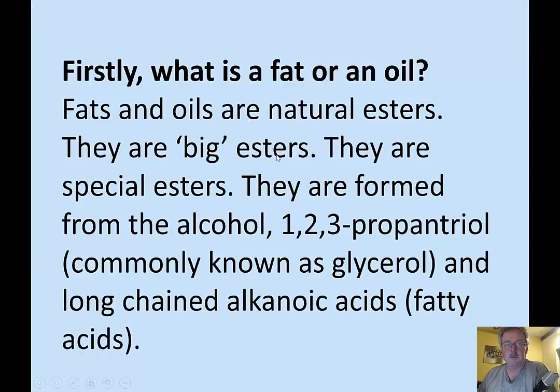If we look at what is a fat, what is an oil, they're basically large esters. And they're special esters. They're formed from alcohol, in fact 1,2,3-propanetriol. So it's propanol with 3 alcohol groups attached, and that's commonly known as glycerol. And that's a long chain alkanoic acid, fatty acids.